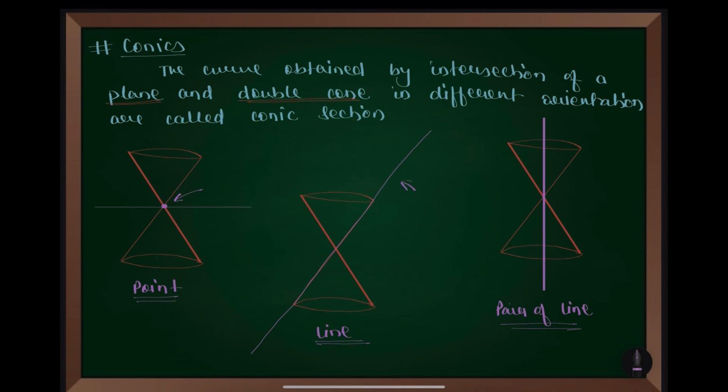In this case the red part will be a straight line, and in this one, if you just change the orientation, you will have two straight lines which will look this way. So these are the things we get in these three cases.